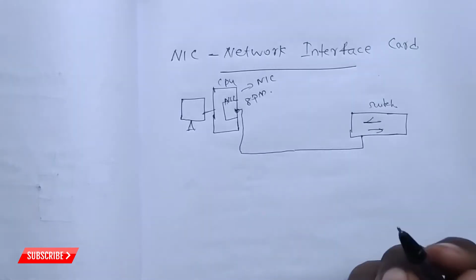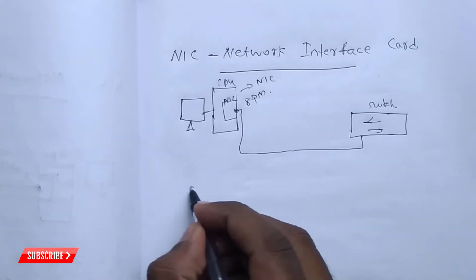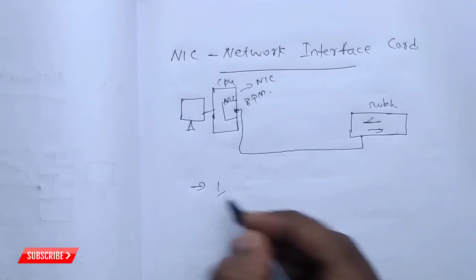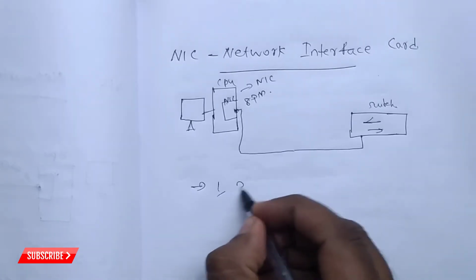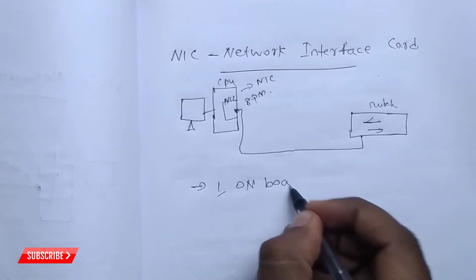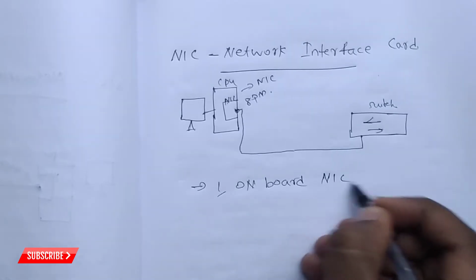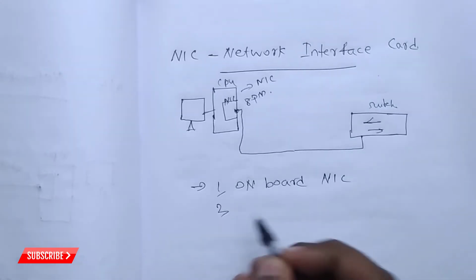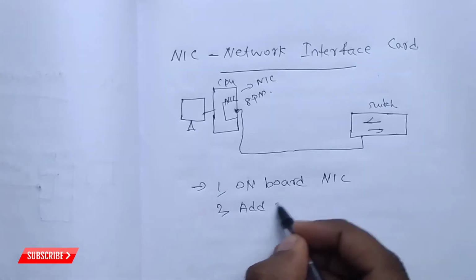There are mainly two types of NICs. One is the onboard NIC, and another is add-on cards.